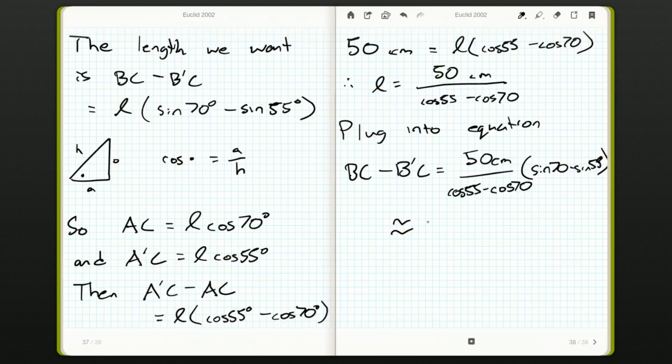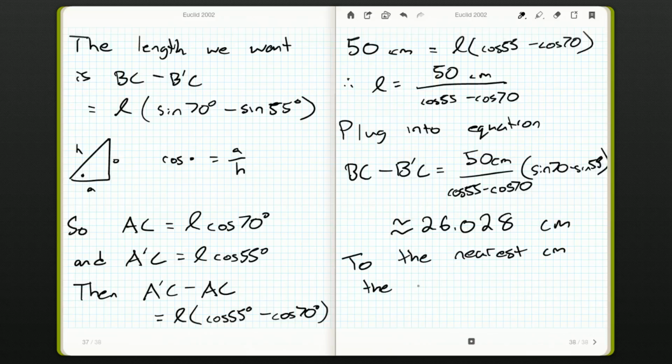So I get about 26.028, and there's a 3, so we'll just round down to 8. So to the nearest centimeter, the ladder slides down 26 centimeters. Okay? And that wraps that question up rather nicely.